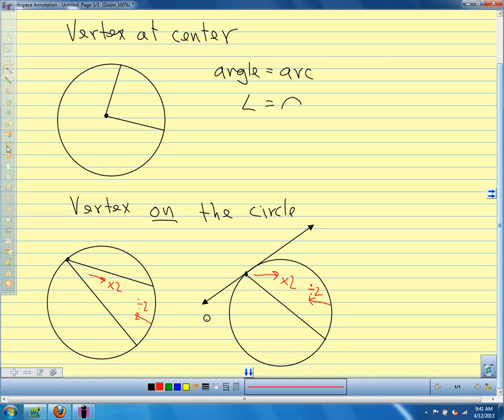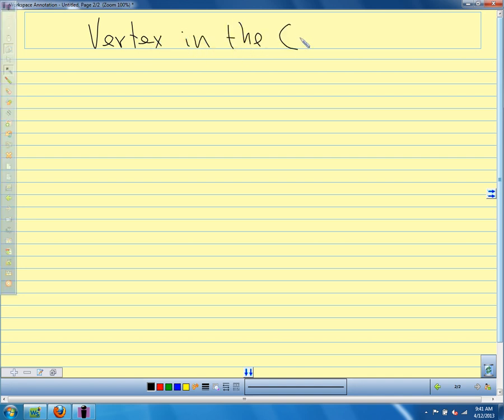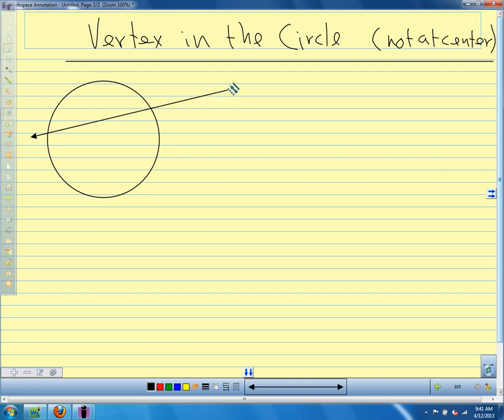The first one is for the vertex in the circle, but not at the center. And I'll draw, we can have our angles arranged in a couple of different ways. So our pictures for these, we could have two secants like this.